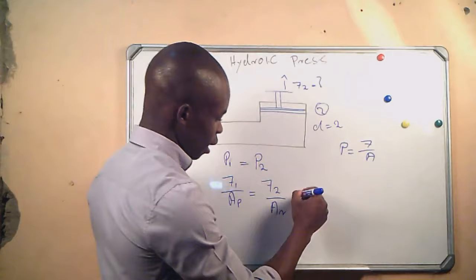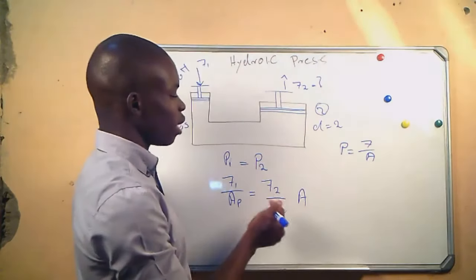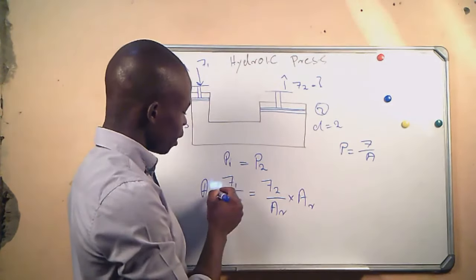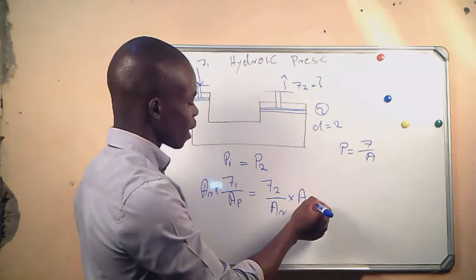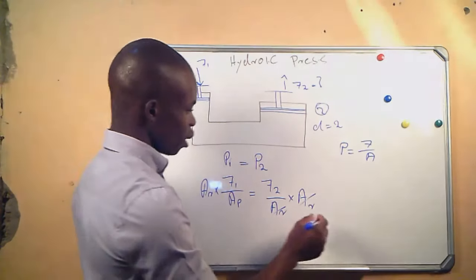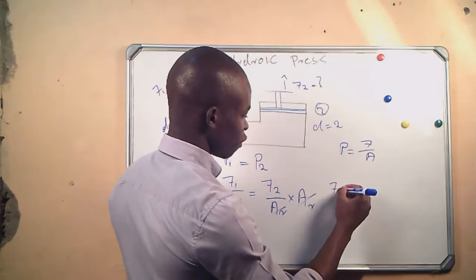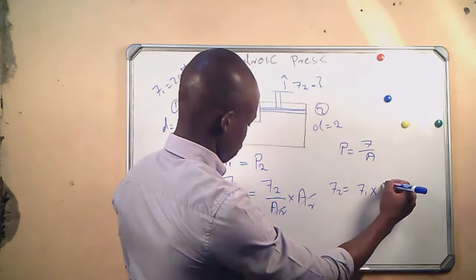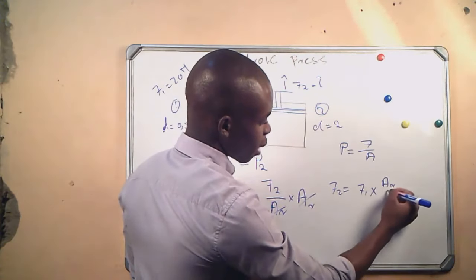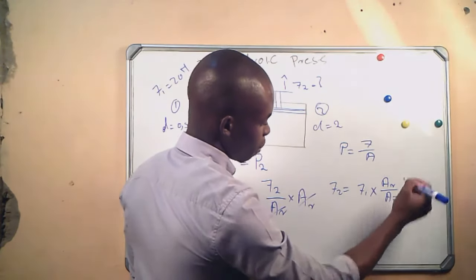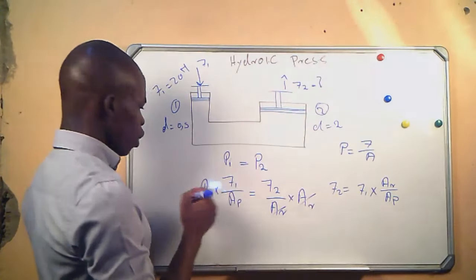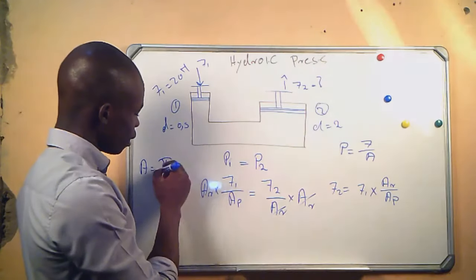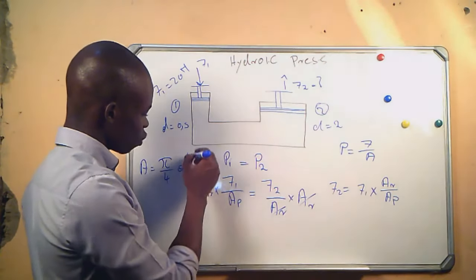First, we have to make F2 the subject of the formula. We multiply both sides by the area of the ram. This will cancel this, and we end up with F2 equals F1 times the area of the ram divided by the area of the plunger. We know that area is given by pi divided by 4 times d squared.